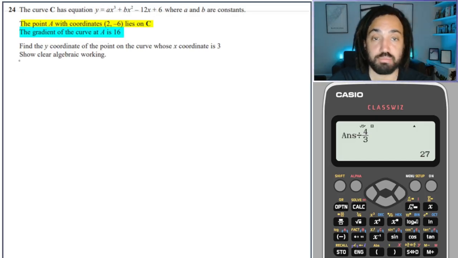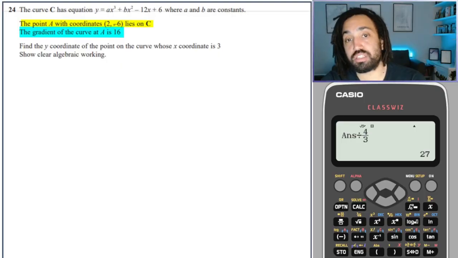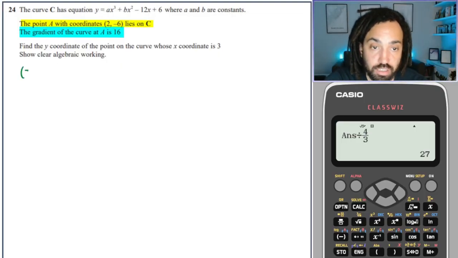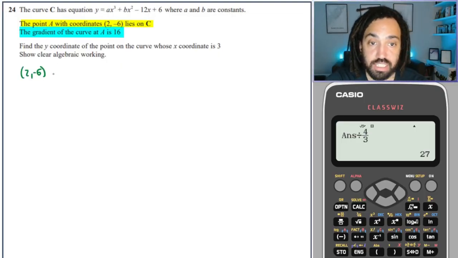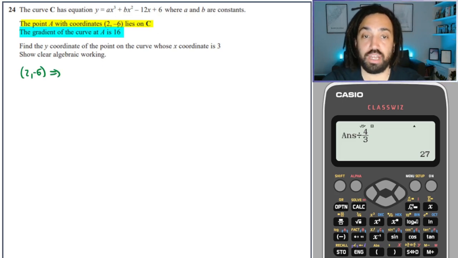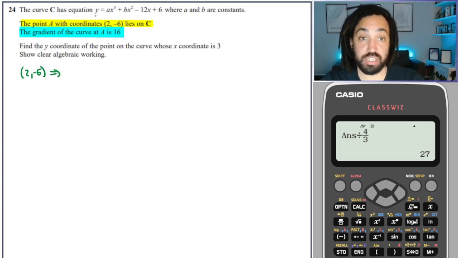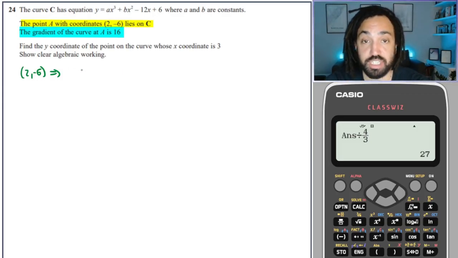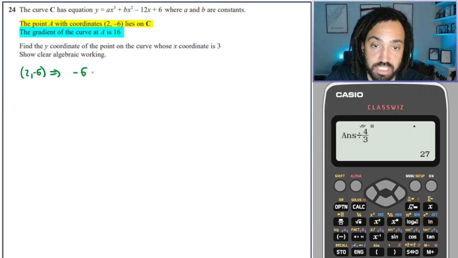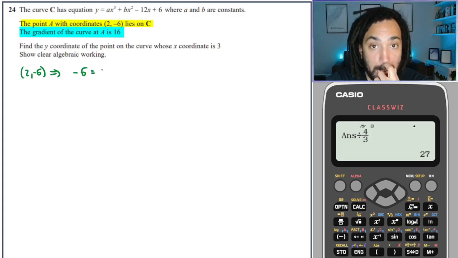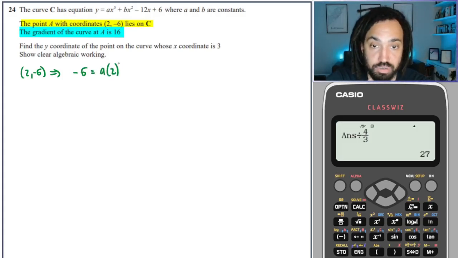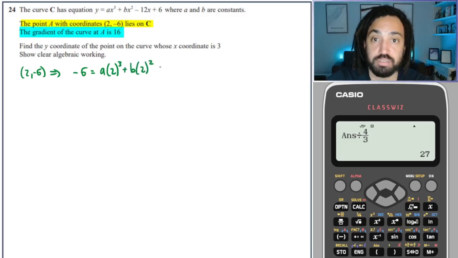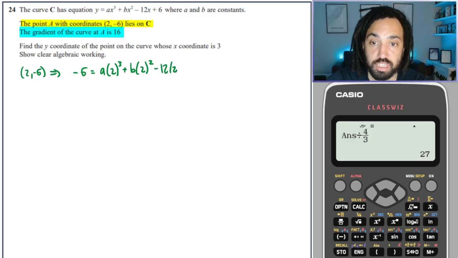So that's my first port of call, and I'm going to sub in 2, minus 6 into the y equation, the equation of the curve, because that point is on the curve, so it satisfies the equation. So we have minus 6 for y is equal to a times 2 cubed plus b times 2 squared minus 12 times 2 plus 6.